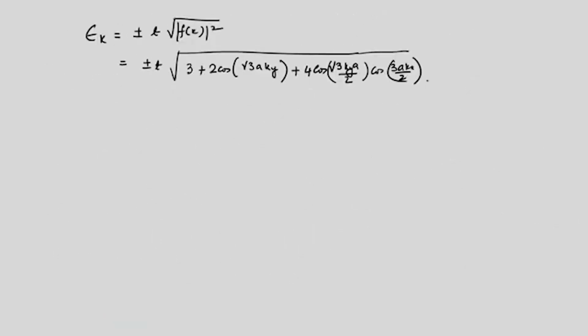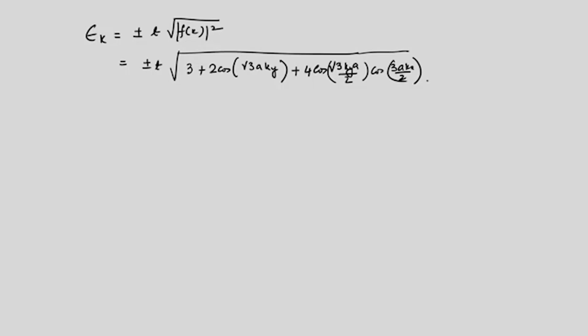Okay. So, you know how the dispersion looks now, and let us find out the Dirac points, and that is not too difficult. What you can do is put the real part and imaginary part of this dispersion equal to 0.